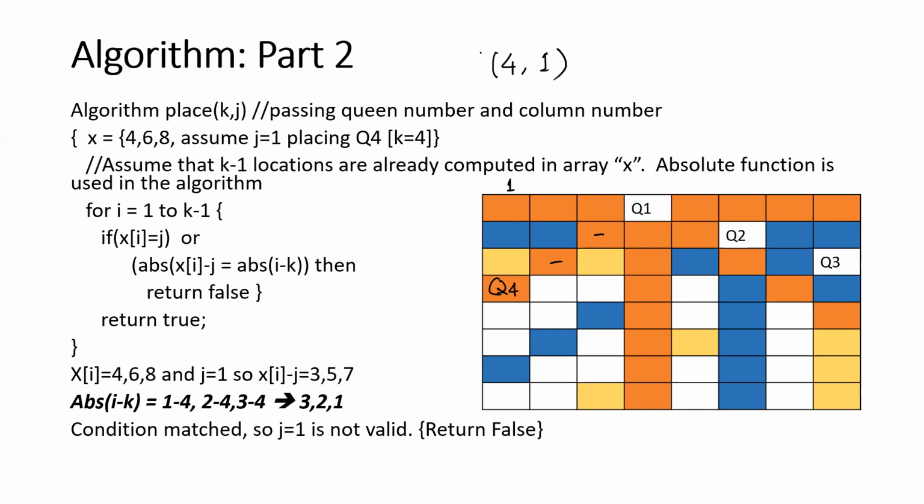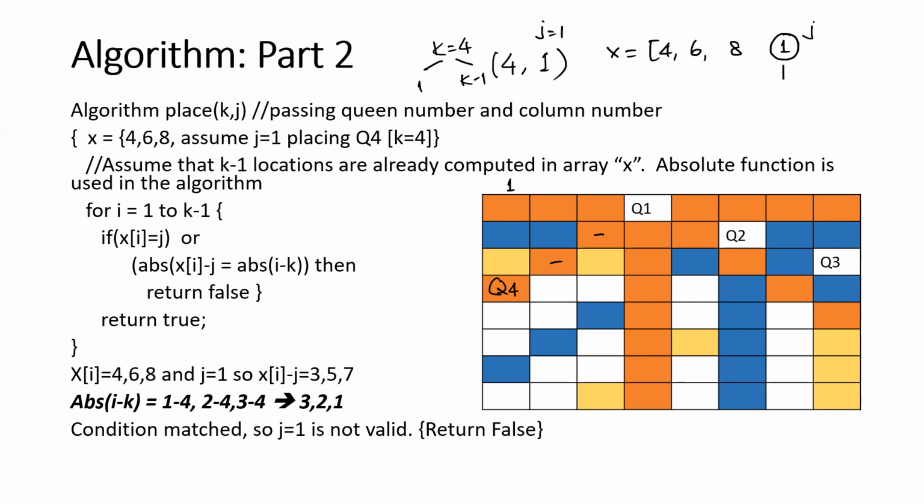Okay. What is k? 4. And what is the value of column? 1. So with this assumption, again I am repeating that we have already done the calculation for 1 to k minus 1. So our X array looks like this: 4, 6, 8, and we are trying to store 1 here. So the first condition: for i equal to 1 to k minus 1, if x of i is equal to j.